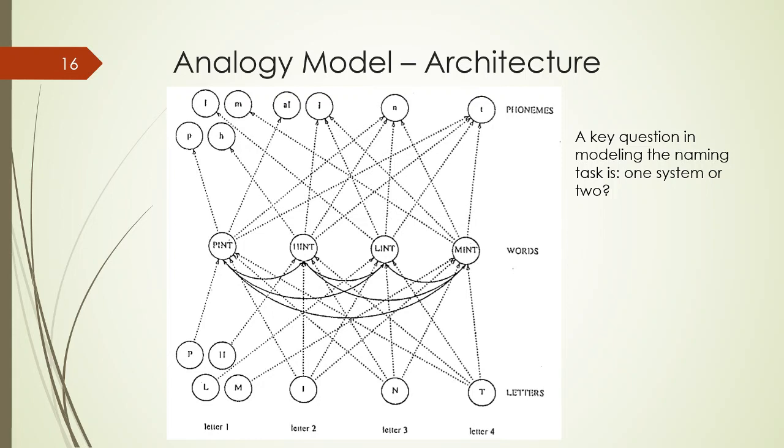What do we mean by one system or two? Well, here's the thing. Most people in the modern literate world learn to read by phonics. And you know, there are all sorts of exceptions, but H is supposed to sound like h, and I, except in some cases, is supposed to sound like I, and N is supposed to sound like N, and T is supposed to sound like T.